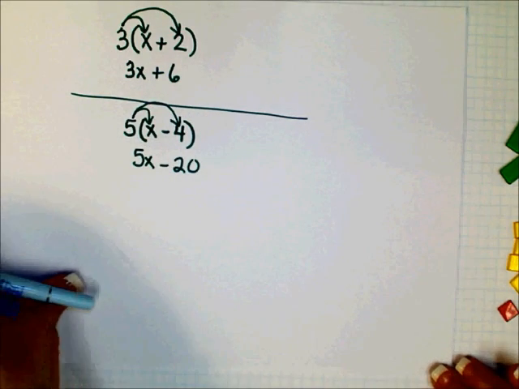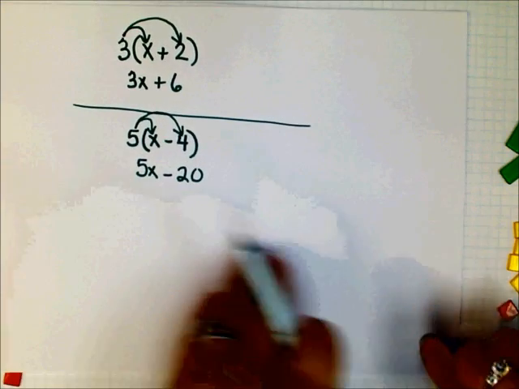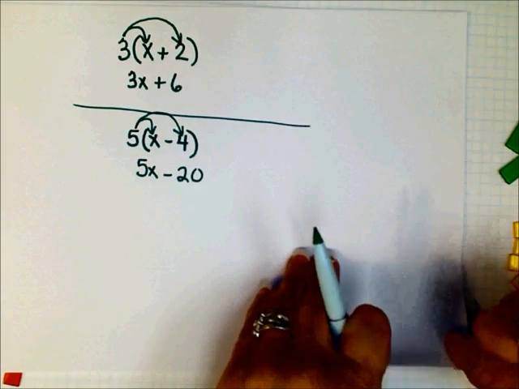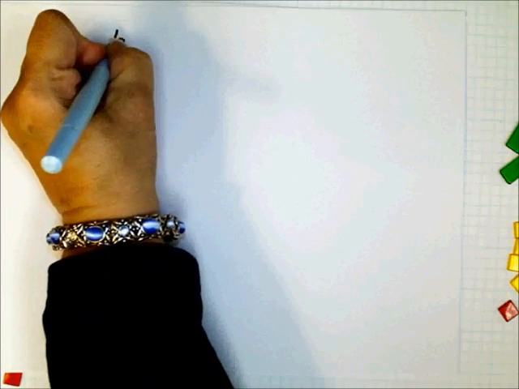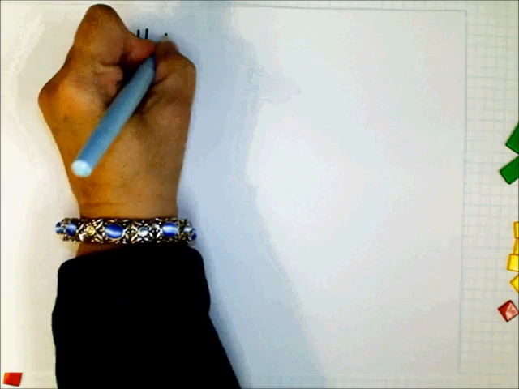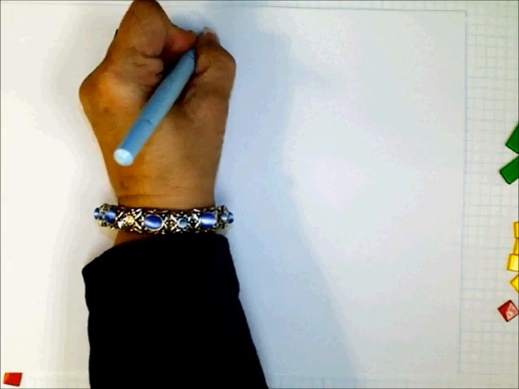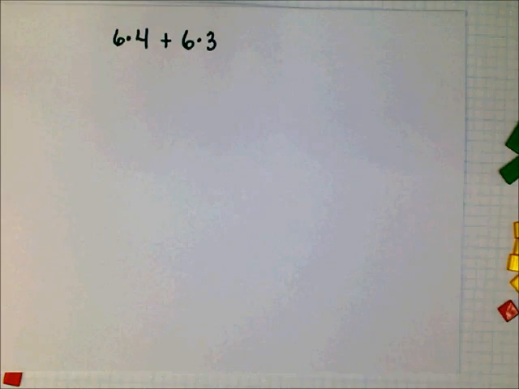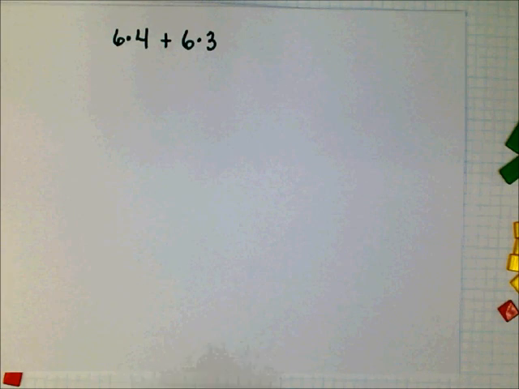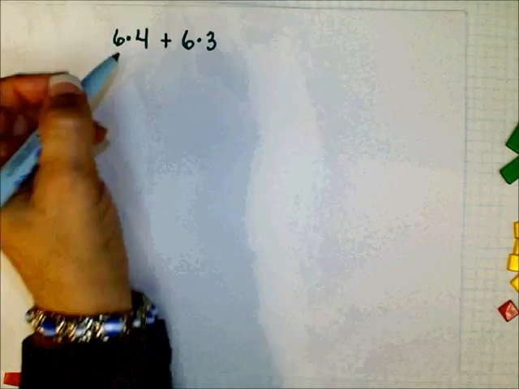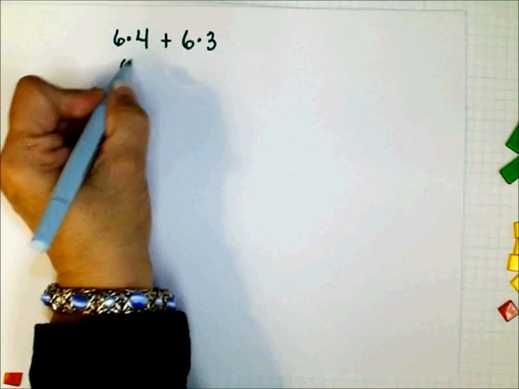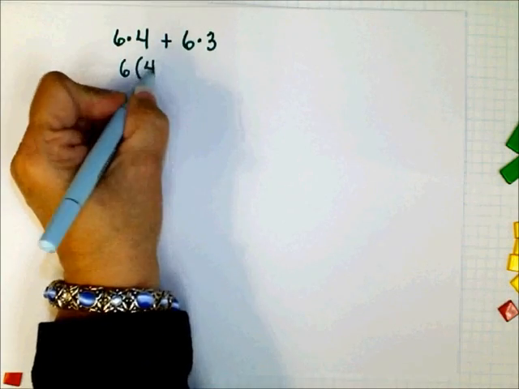Now, another way to think about distributive is to think about the numbers. Think about 6 times 4 plus 6 times 3. What does that look like? Well, in this case, I could look at this and kind of undo a distributive property if I wanted to, and think of this as being the same thing as if I've distributed the 6 to both the 4 and the positive 3.